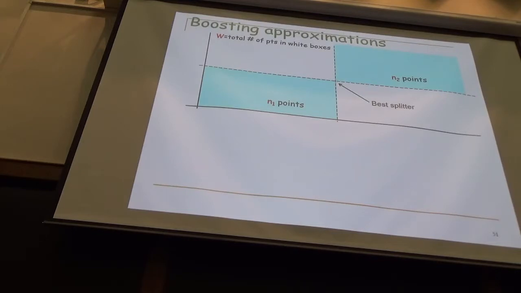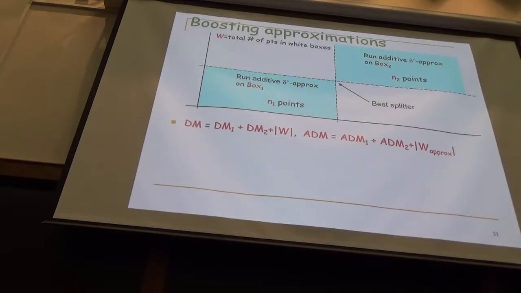Okay, so suppose we magically find the best splitter. We have n1 points here and n2 points here. And we have the points that are outside the blue boxes. Those are points which you're going to pay for. Those are part of your distance to monotonicity, this W. So we run an additive delta prime approximation in box 1. That's the worse approximation, the not as good one. We run the delta prime approximation in box 2.